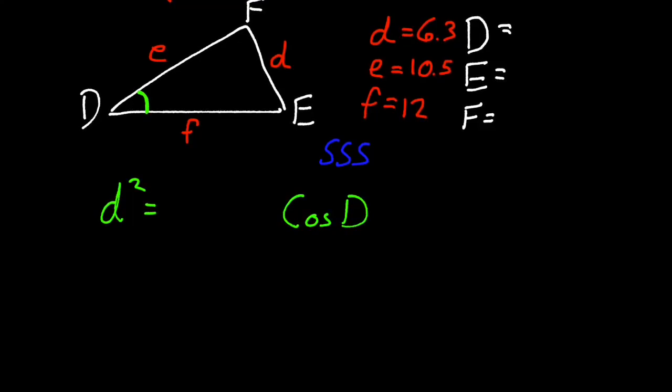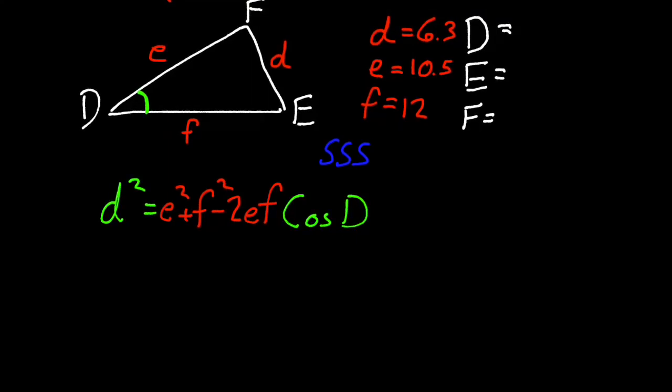Okay, so if I want to know this angle, I got to start off with its opposite side. And then hopefully we remembered, well, it was the other two sides squared. So it equals e squared plus f squared. And then we were subtracting 2 times the product of those sides, so minus 2ef. And there is our setup.